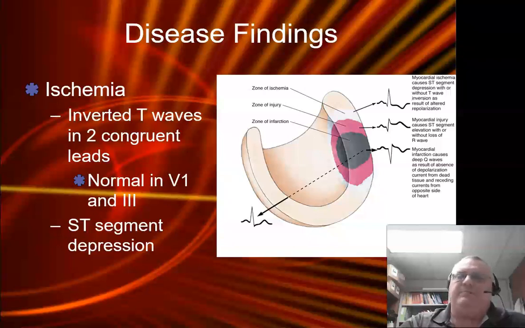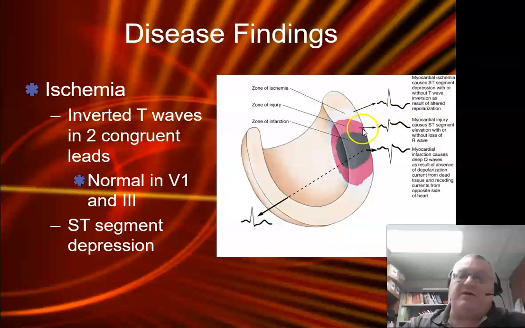And it's very important that you understand the difference between ischemia, injury, and infarction. Okay? Ischemia means that there is an area, a zone, and we're talking about this one right here, the zone in which there's a hypoxic state. Okay, it's actually a very early sign, but this is the area that is a little bit deoxygenated.